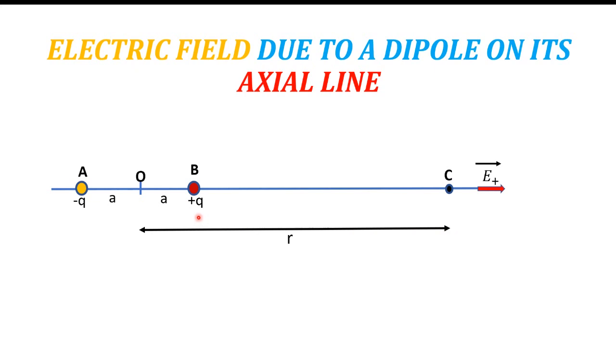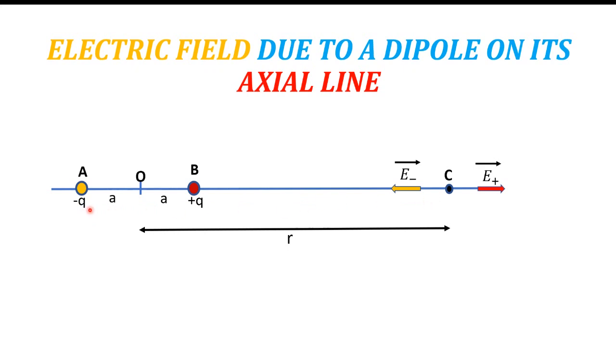We know that the field due to plus q is always outwards, so on the axial line we see the field direction to be this, from B to C. A field will also be induced due to this minus q, and the field due to minus q will be in the direction of C to A, because the field for minus q is always towards the charge. We know that, isn't it?